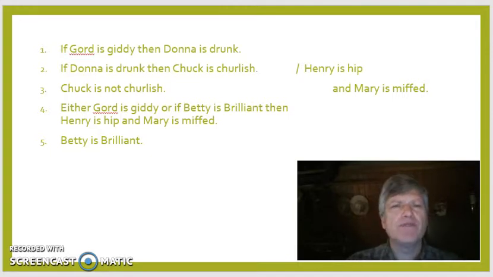So I've got this information, and suppose what I want to deduce from that, I want to see if on the basis of this information I can prove that this conjunction is also true, that Henry is hip and Mary is miffed. Okay, so I want to prove that. So what I do is I take this information, I make a numbered list of the premises I have to work with.